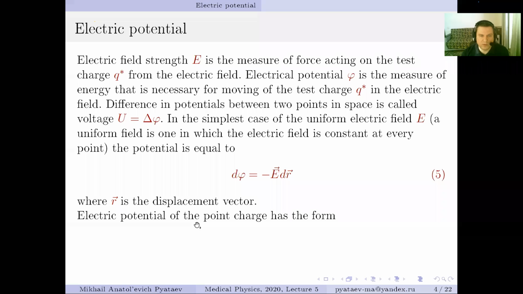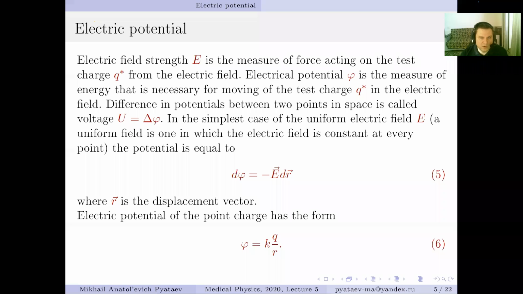Now let's go further. Another way to characterize electric field is using its energetic characteristics. So we can discuss not only the force produced by electric fields, but also the work done by the electric field's forces.